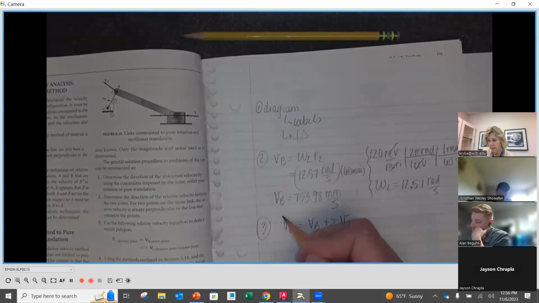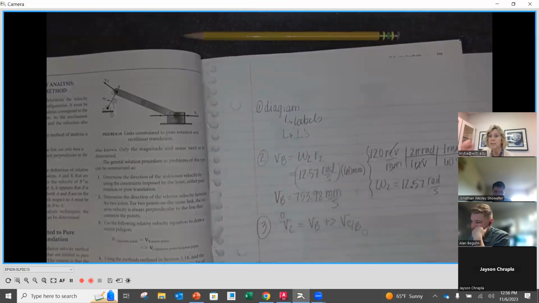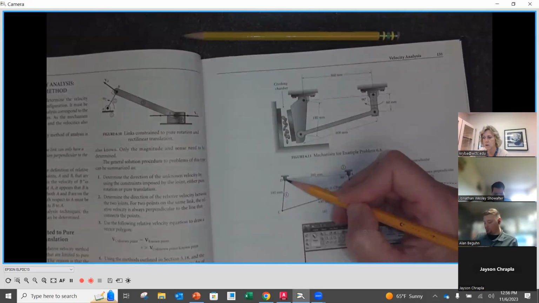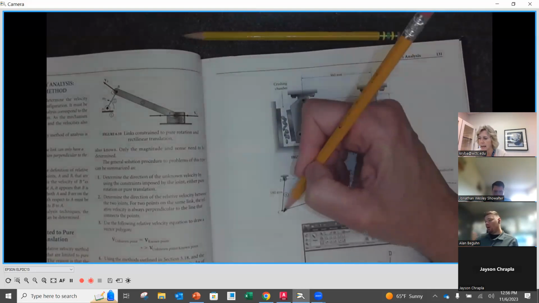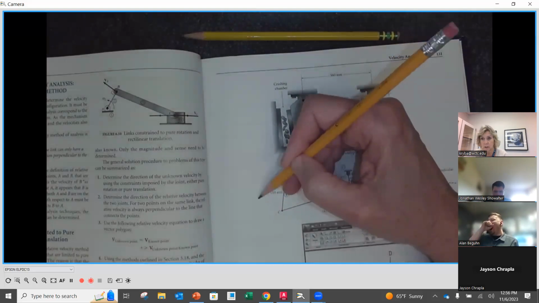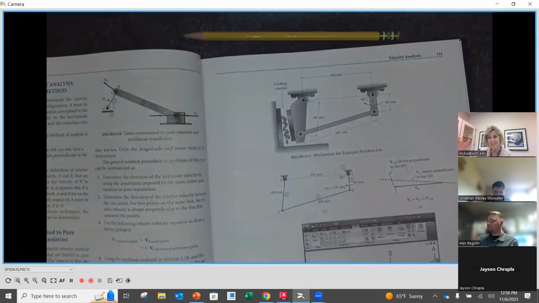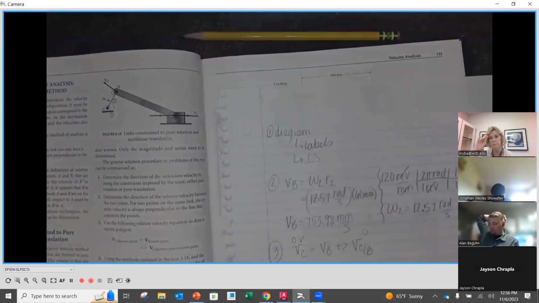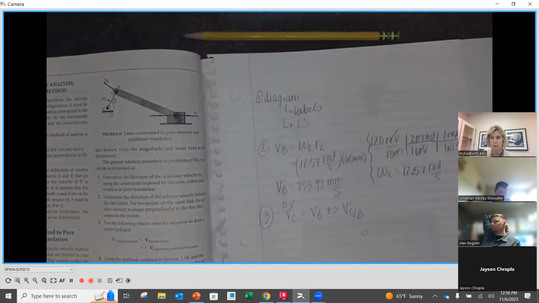Now, as we look here, let's evaluate. We don't know the magnitude of velocity of C, but we do know its direction. We know its direction because C is on this link that can only rotate about a fixed center, and it is going to be perpendicular to that link at this instant in time, which we already drew in CAD. So we know direction, but we don't know magnitude.